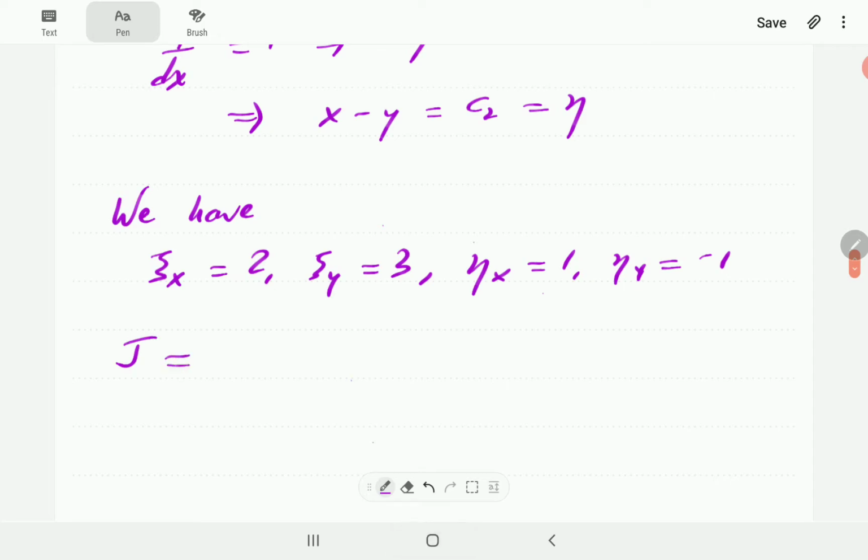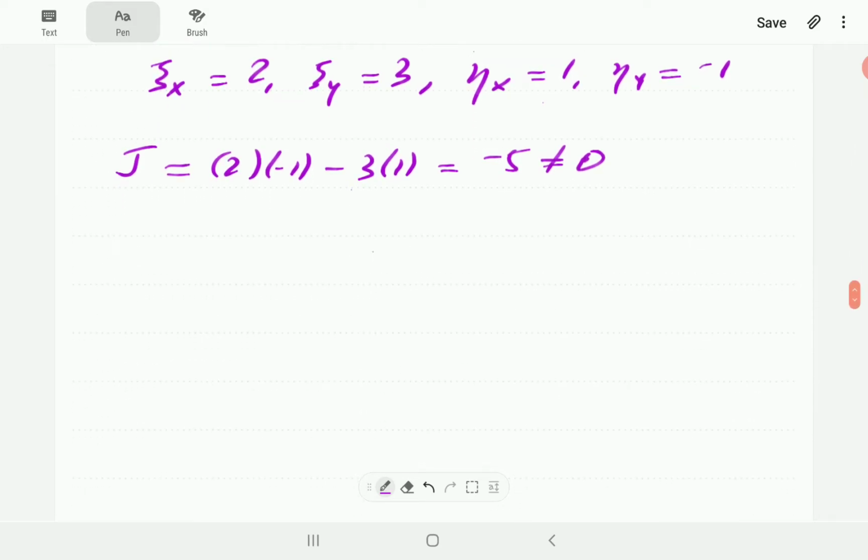The Jacobian is going to be 2 times -1 minus 3 times 1. This is going to be -5, non-zero, so that means our coordinate system is okay. So it means it's locally invertible.